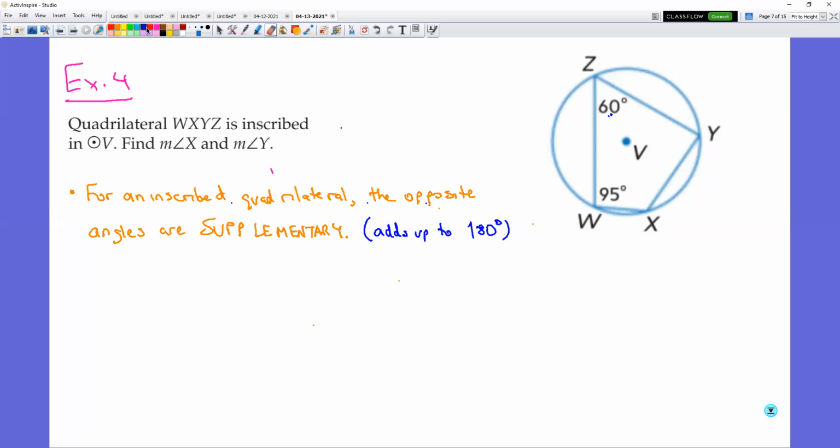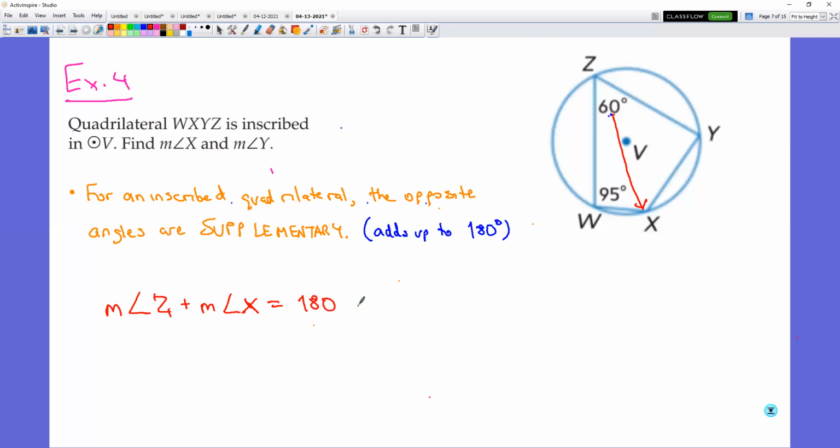So now all we gotta do is solve the problem. Let's start with, like I said, angle Z since I mentioned that one first. So the first equation is going to be the measurement of angle Z plus its opposite, angle X. So the measurement of angle Z plus the measurement of angle X is equal to 180.